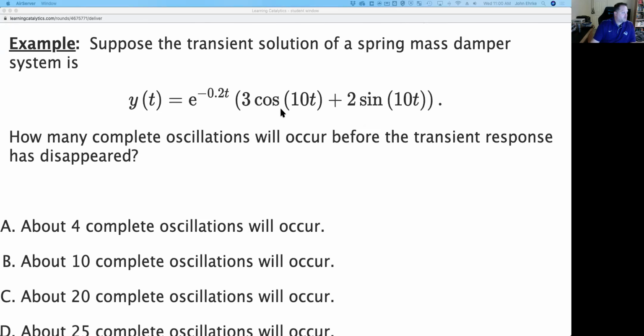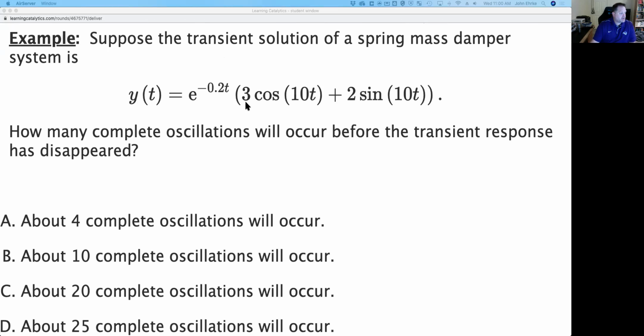So here's the problem. Suppose that we have a solution to our spring mass damper system, and it's given to us by this particular equation. What I would like to know is how many complete oscillations will occur before the transient response has disappeared. So how long does it take for this solution to die out?